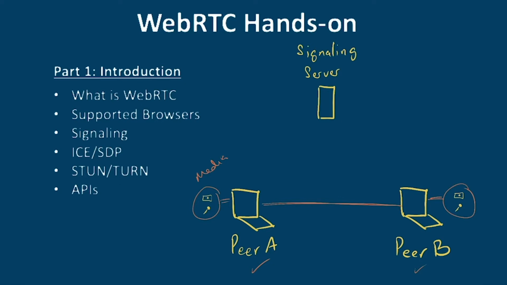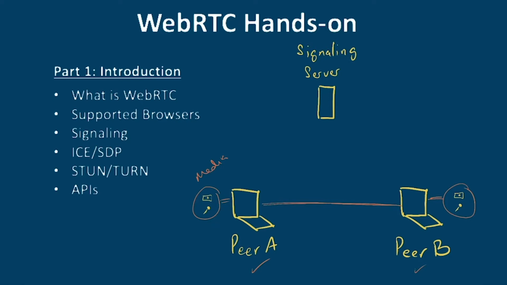And the easiest way is to have a mechanism where each peer can share relevant information required to make direct connection between them a success and allow media to flow securely. And this is pretty much what signaling is, and introduces the need for a signaling server.